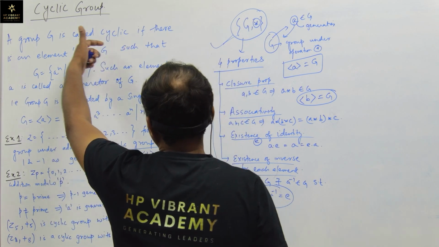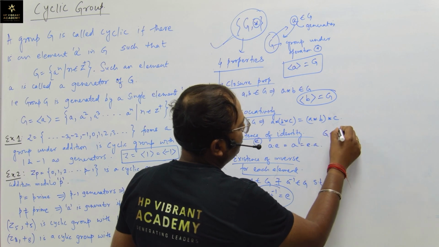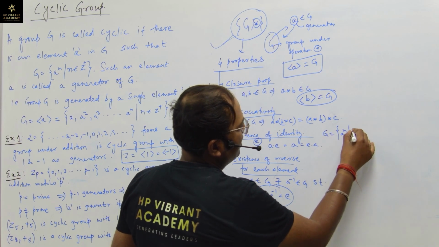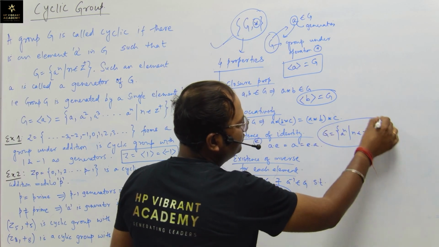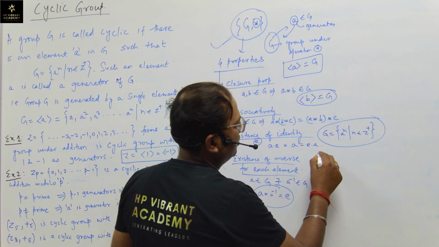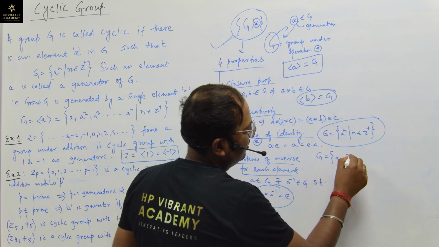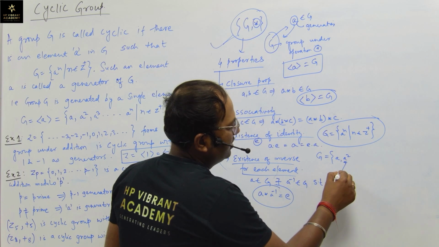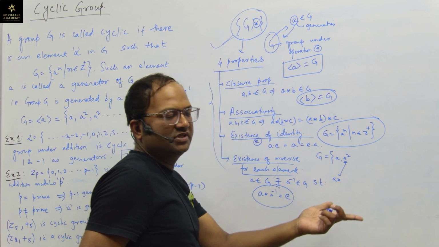The representation is like this: G is equal to a to the power n such that n belongs to the positive integers. Let us consider a square, which is a star a: we have operated a two times with the operation star.